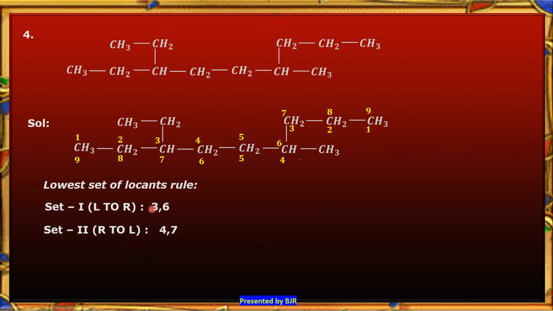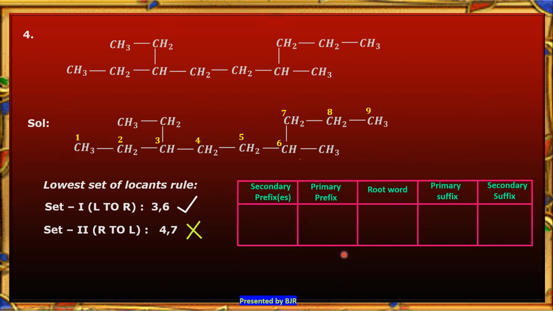At the first point of difference 3 is less than 4, then we can say that set 1 is lower than set 2. So this selection is the correct one. Left to right numbering is the correct one. And from right to left numbering is the wrong one. Wrong numbering. Okay. So remove that.